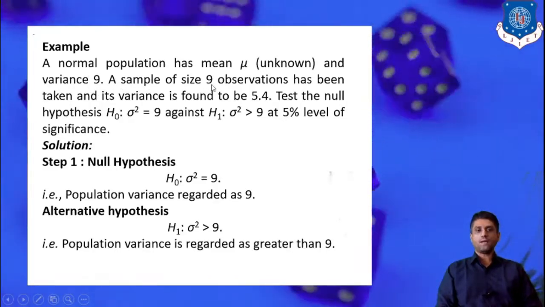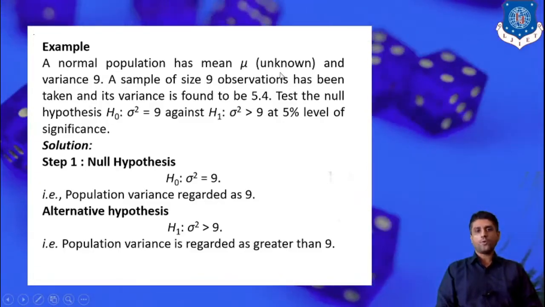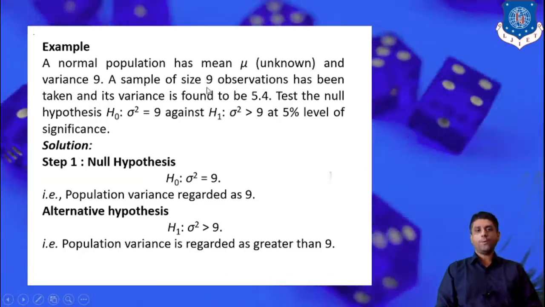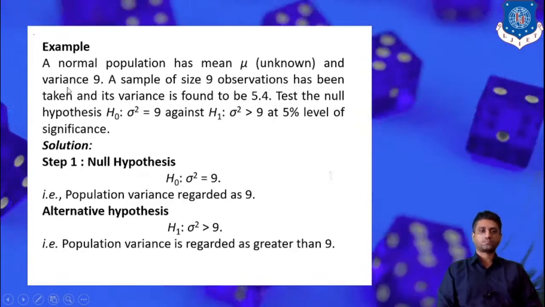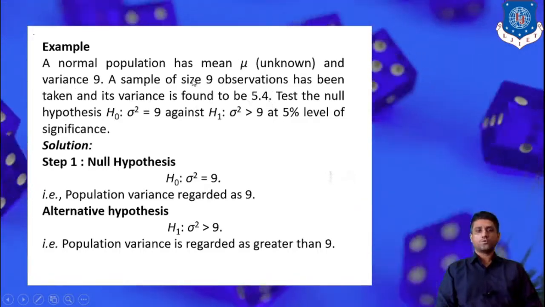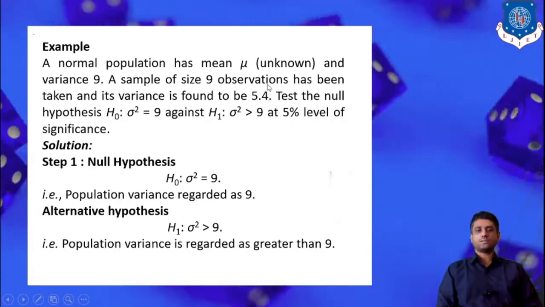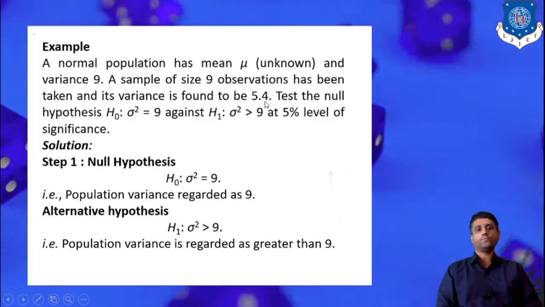A sample of size 9 observations has been taken, that is n is 9, and its variance is found to be 5.4.